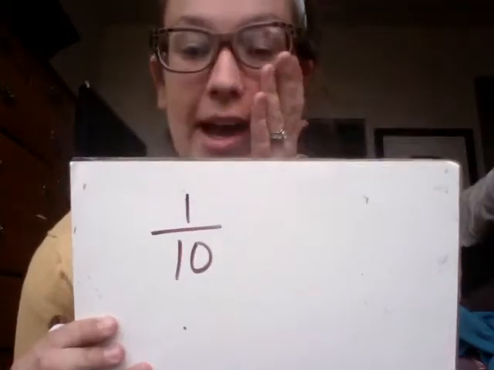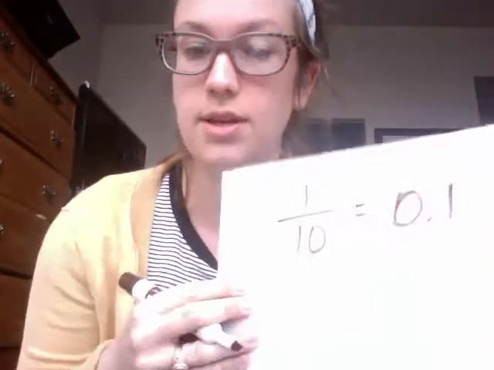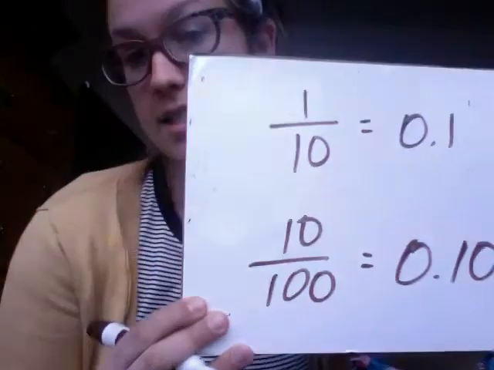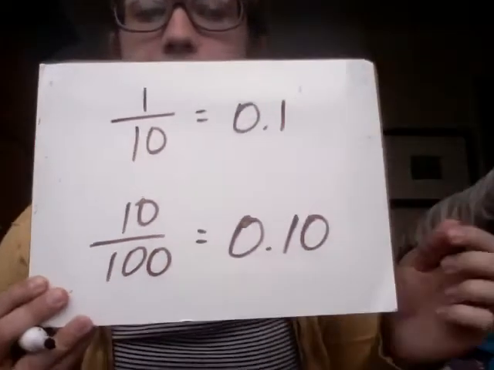And just to show you why it's the same, if I have 1/10 as a fraction, or as a decimal, 0.1, let's look at 10. If I add a 0 to my decimal, that's basically saying 10 hundredths, right?